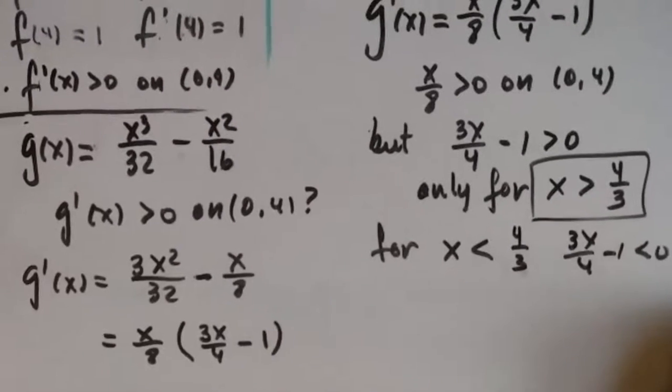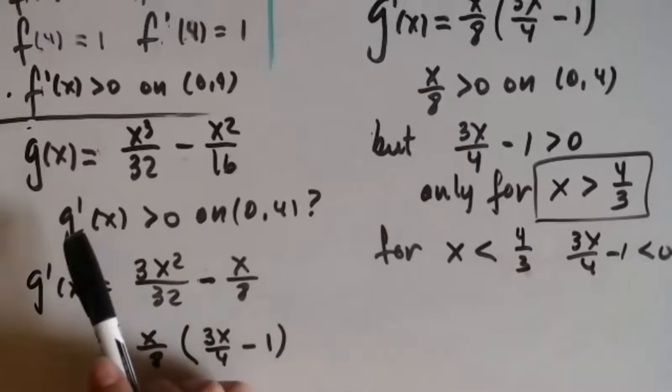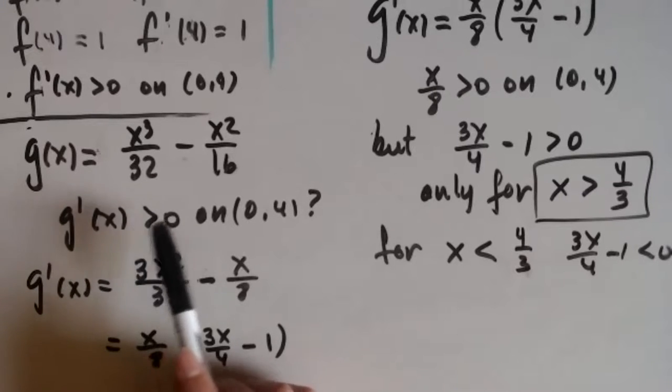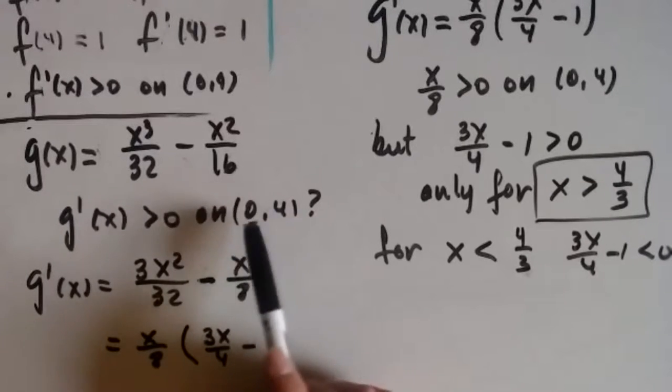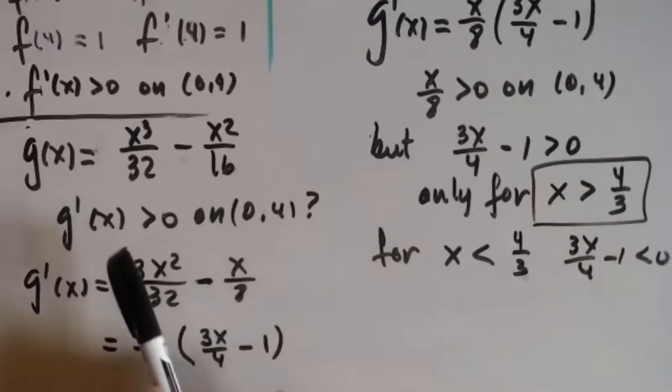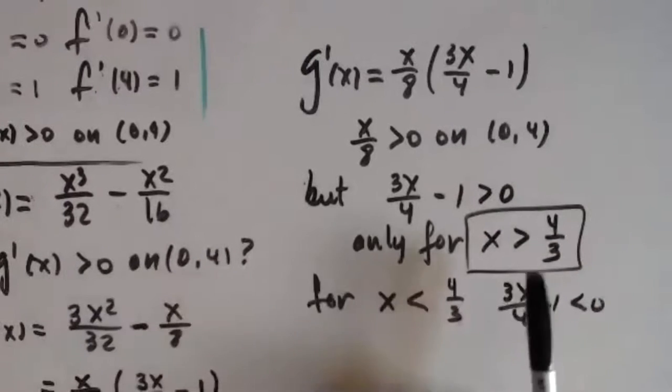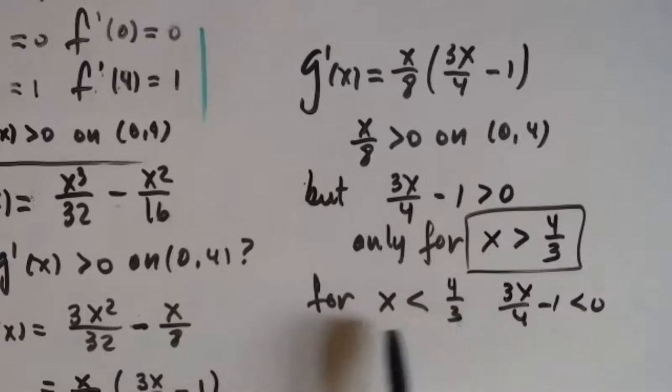So the question was to prove that g prime of x is not completely positive, or increasing, on x equals 4. So it's increasing while the derivative is positive. So it's increasing after 4/3, but it's decreasing before 4/3. Correct?